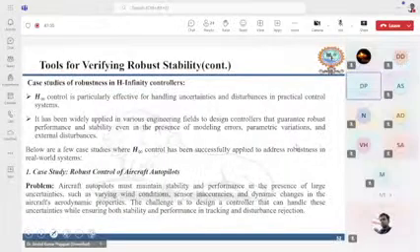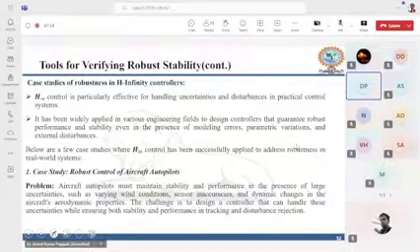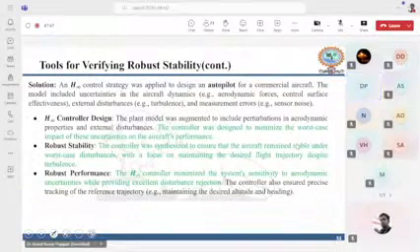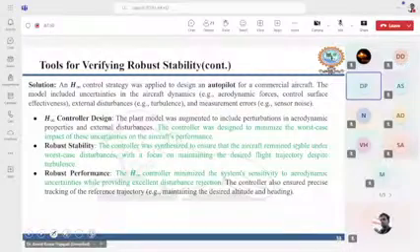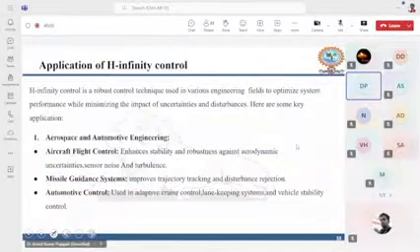So how can we do this? We can design an H infinity controller that minimizes the worst case impact of uncertainties on the aircraft performance, and we also have to design the controller which can provide robust stability while maintaining the desired robust performance of the aircraft under disturbance.